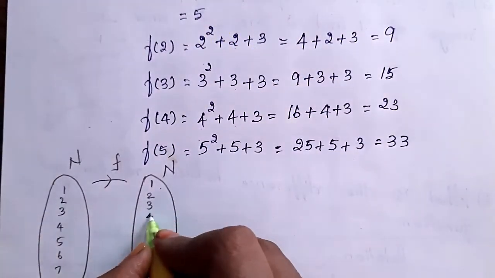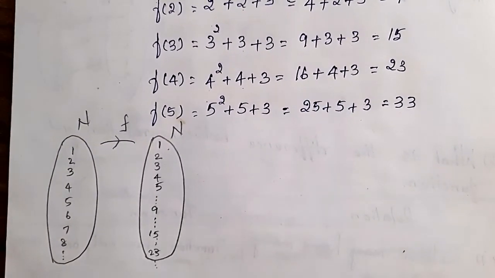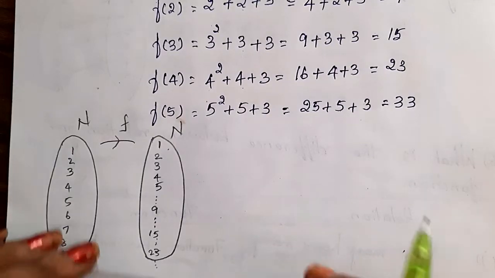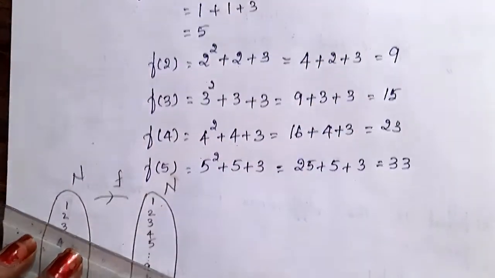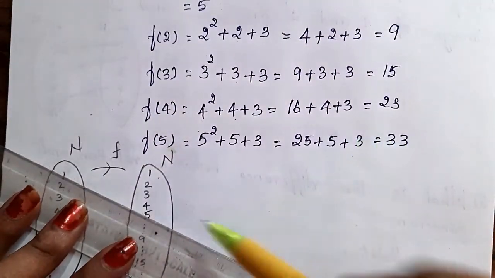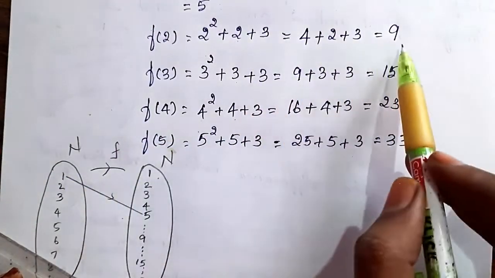So I can write 4, 5, then etc. meaning 6, 7, 8, 9, etc. Also 15, etc., 23, etc. Then draw straight lines to connect them. So our map will be: 1 goes to 5, and 2 goes to 9.